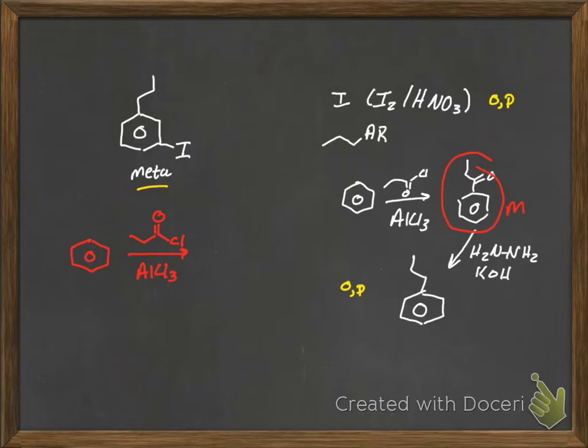So the first thing we put on there is the ketone, which is all part of our nefarious master plan, but the ketone there is a meta director. So now we iodinate it, and the ketone there will direct the new iodine to be in the meta position.